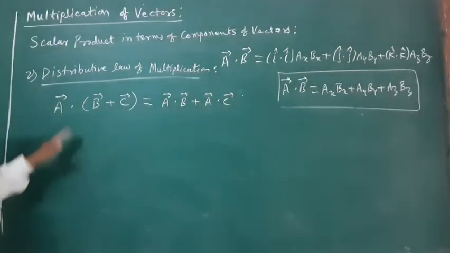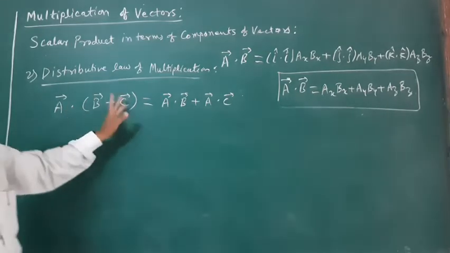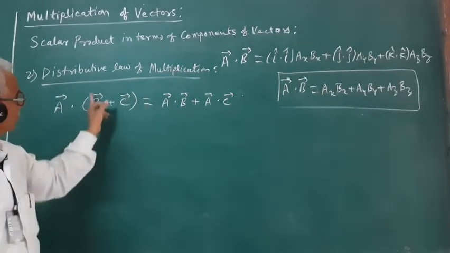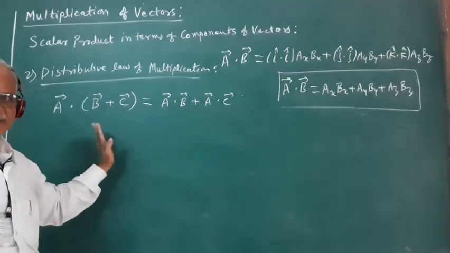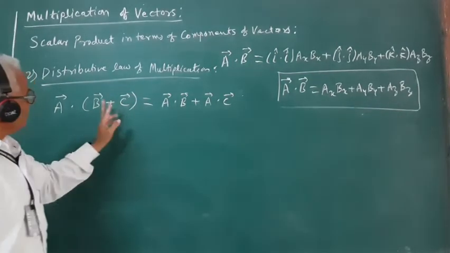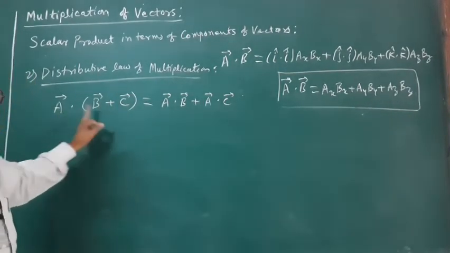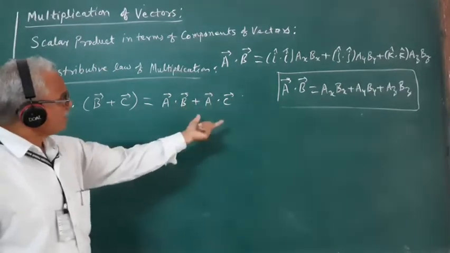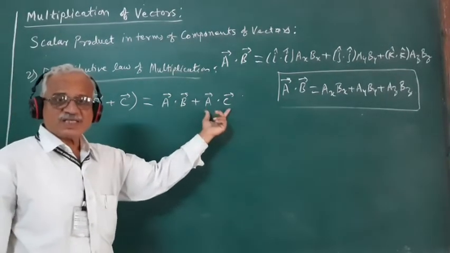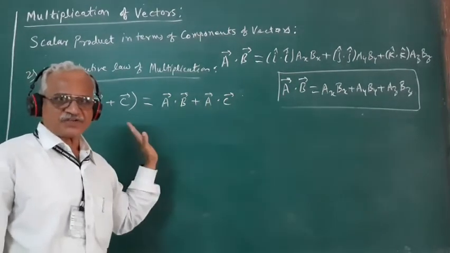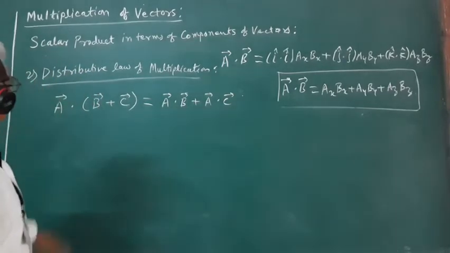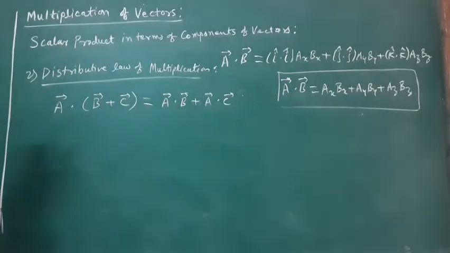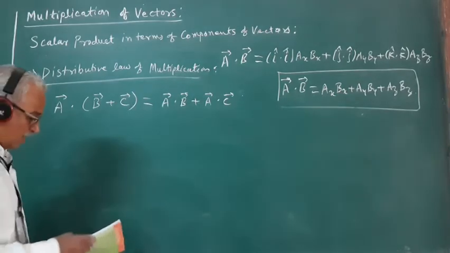So this dot product is distributed over the two terms in this parenthesis. First we can evaluate the dot product of A bar and B bar, then evaluate the dot product of A bar and C bar, and then get the addition. So this is called the distributive law of multiplication.